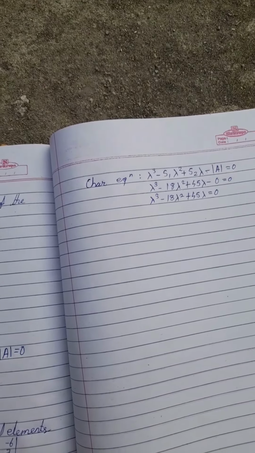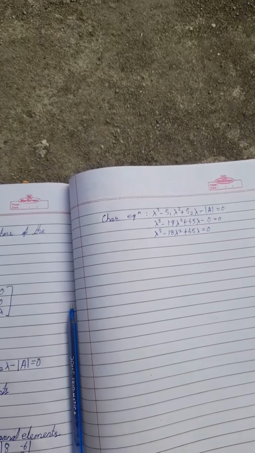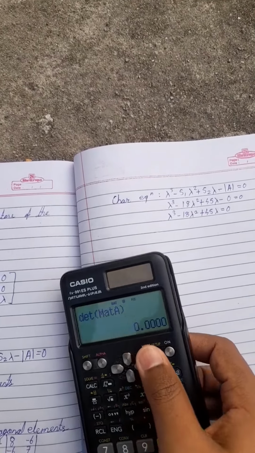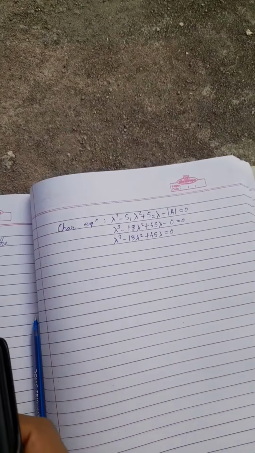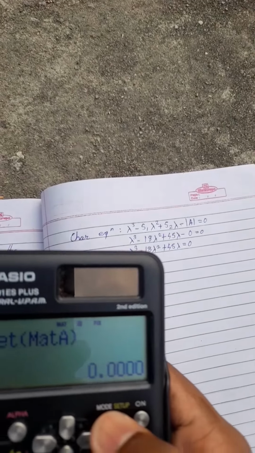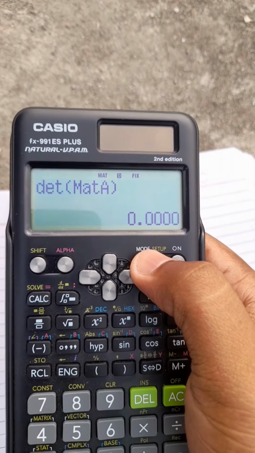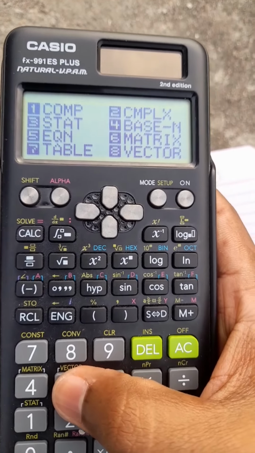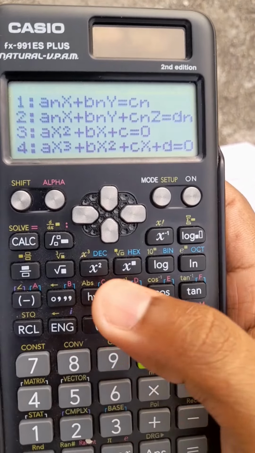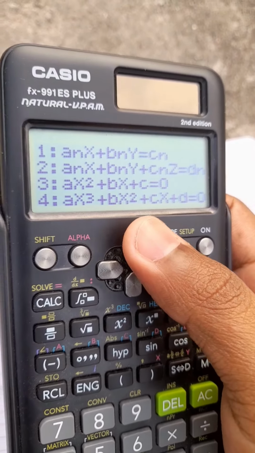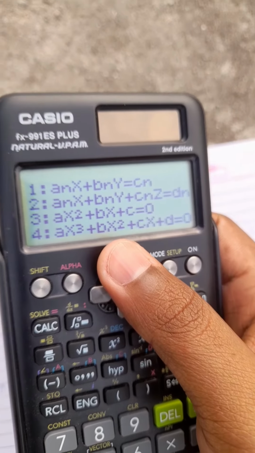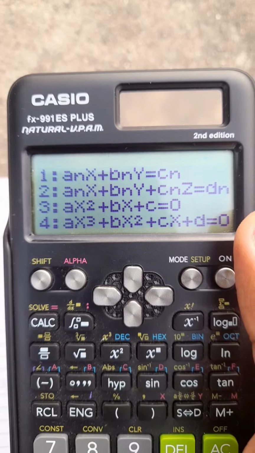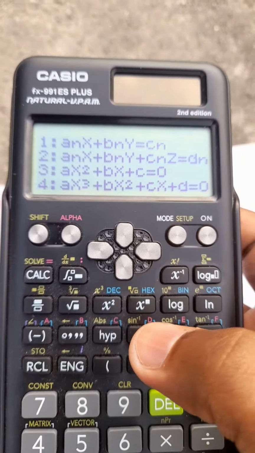So now we have to put this into our calculator. For that select mode, then the fifth option equation, then the fourth option ax cubed plus bx square plus cx plus d equals to 0.